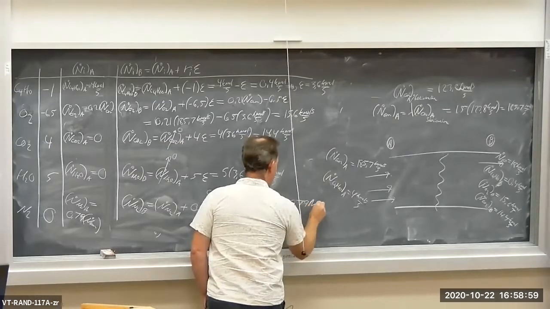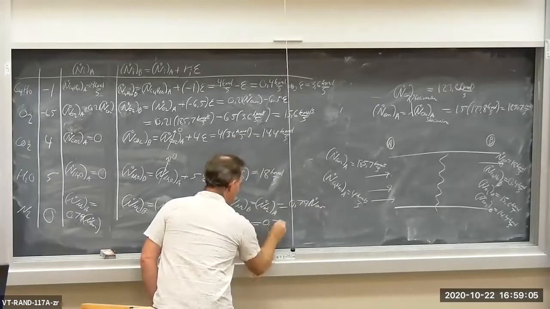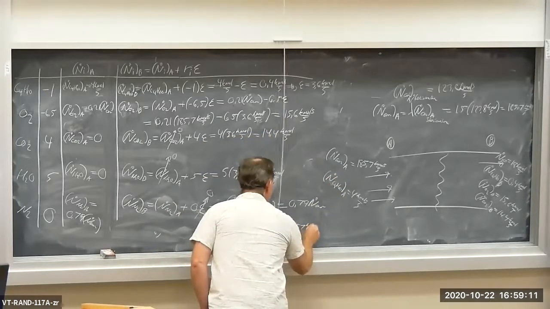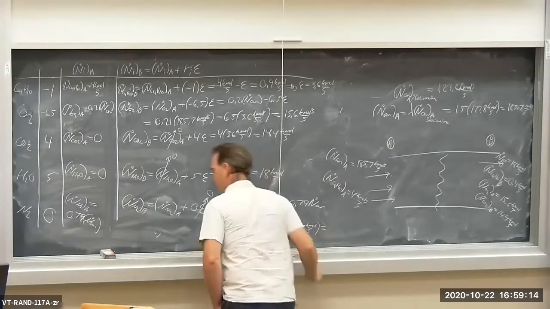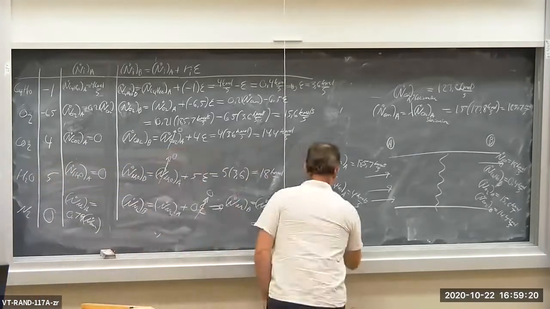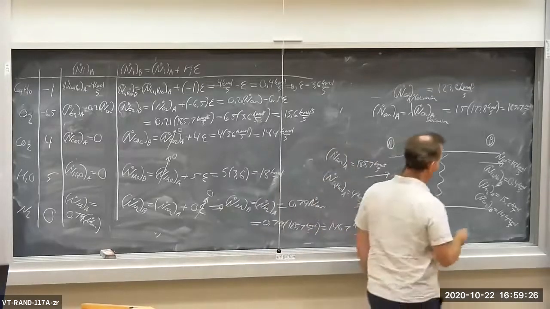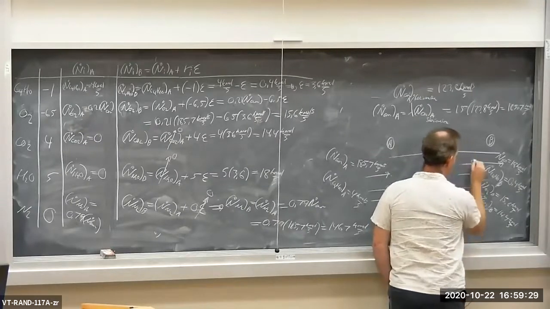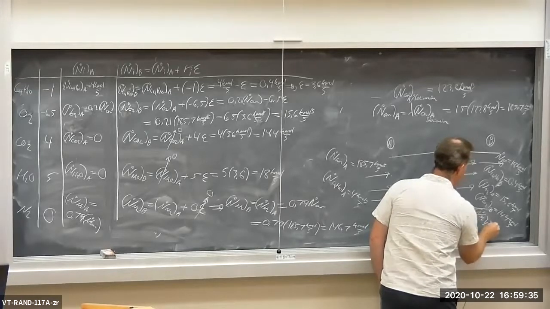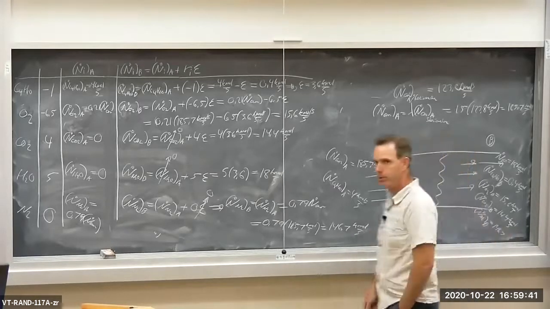I have the airflow rate, so that's 0.79 times 185.7 kilomoles per second, and I have a nitrogen flow rate of 146.7 kilomoles per second. So I have nitrogen, N dot N2, in the products, 146.7 kilomoles. Okay?